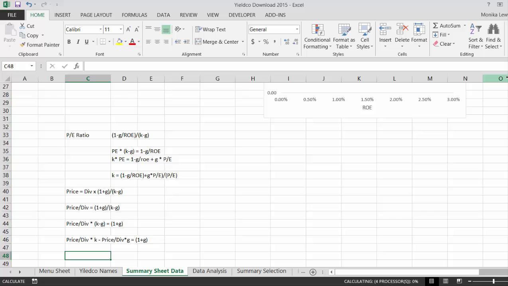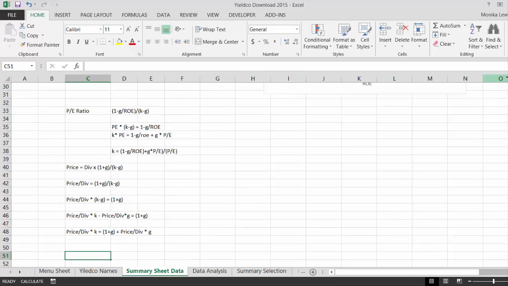So, to get K, we put price divided by dividend times K equals 1 plus G plus price divided by dividend times G.